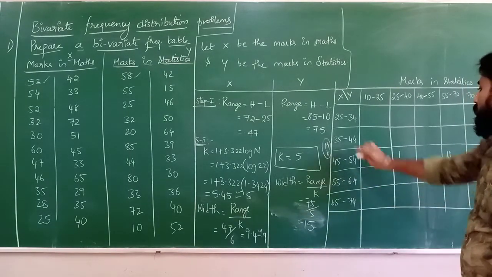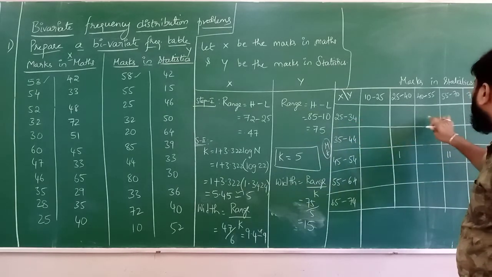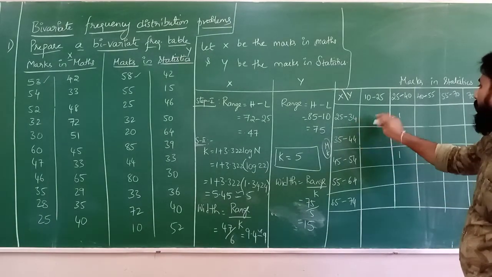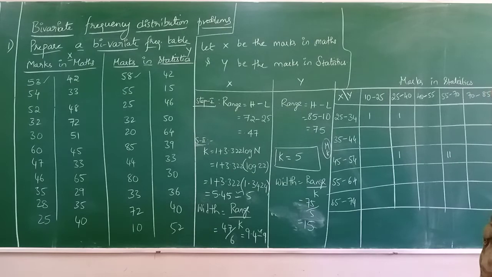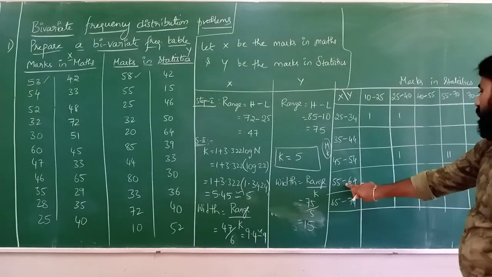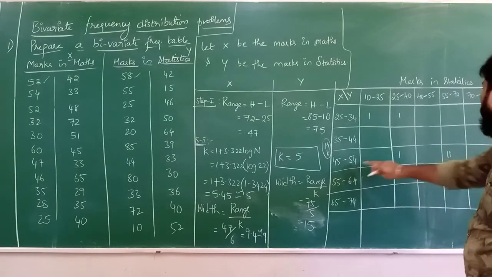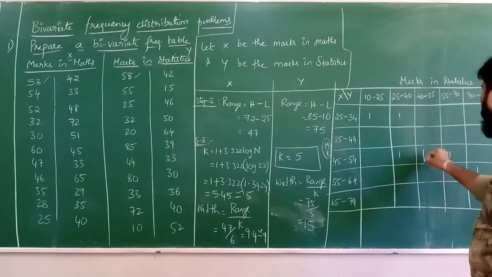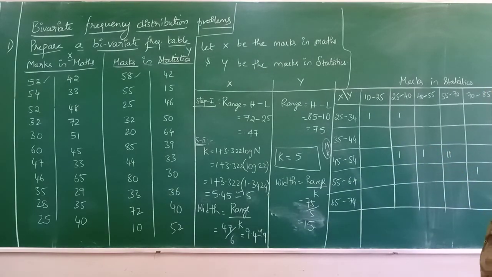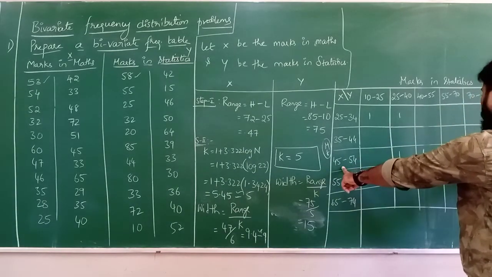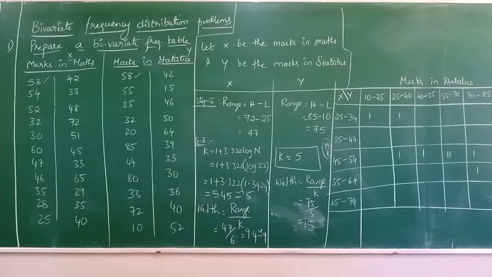32, 32, here one tally. Then 30, 20, here one tally. 60, 85, here one tally. Then 47, 44, here one tally. 46, 80, here one tally.